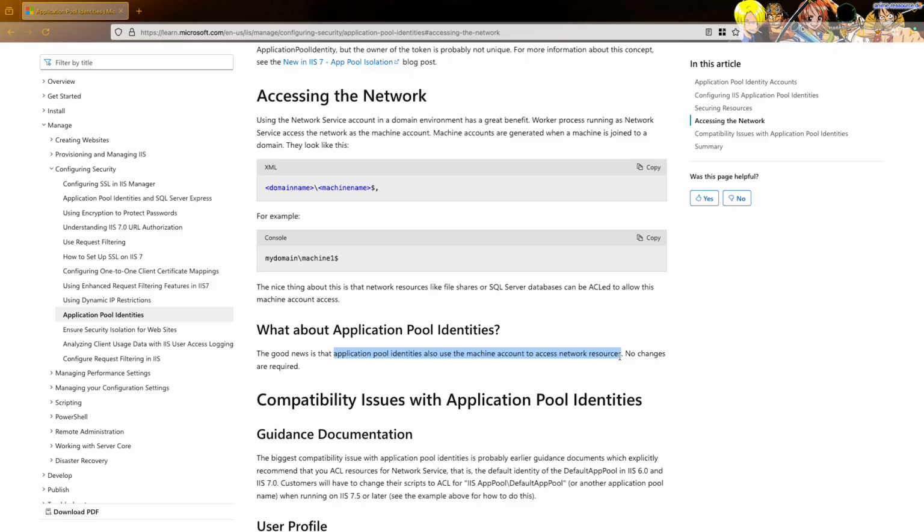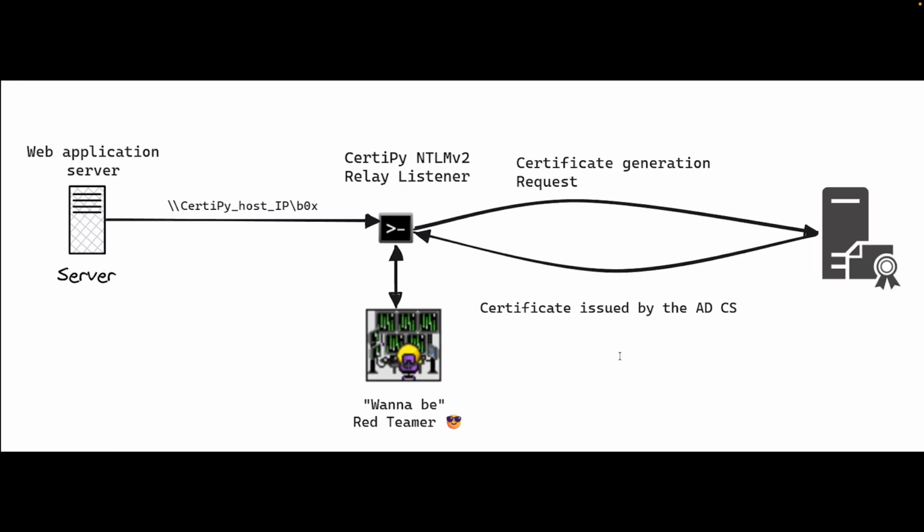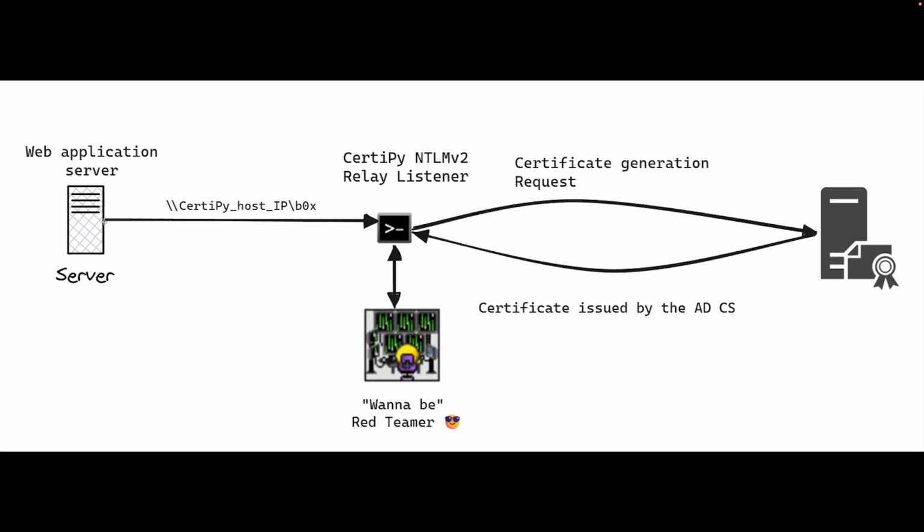This means that if we upload an ASPX code on the web application which we have compromised through any trick, and we have IIS AppPool DefaultAppPool privileges, we can upload an ASPX code which triggers an SMB request to our Certipy NTLM v2 relay listener.